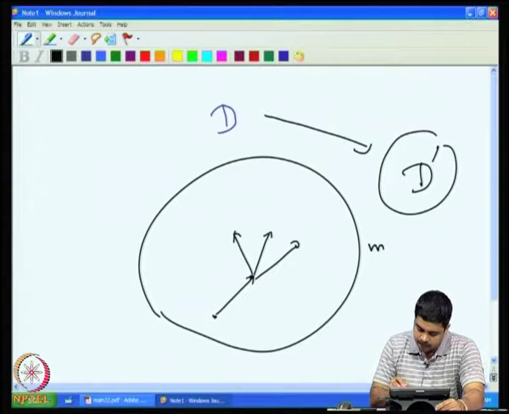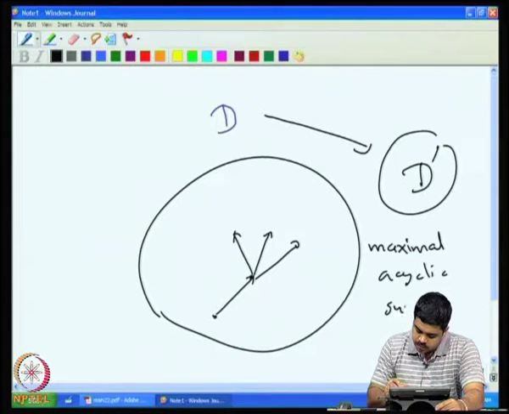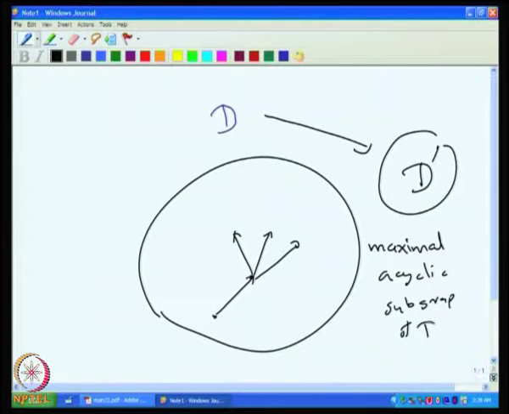Now, the point is, we are going to show that, suppose the chromatic number of D is equal to K. Now, any valid coloring of D should have at least K colors, right.